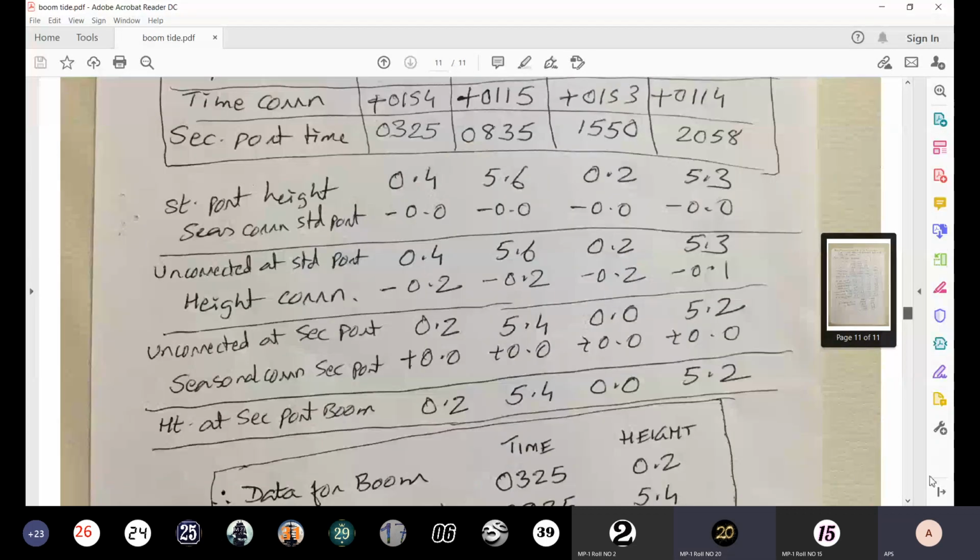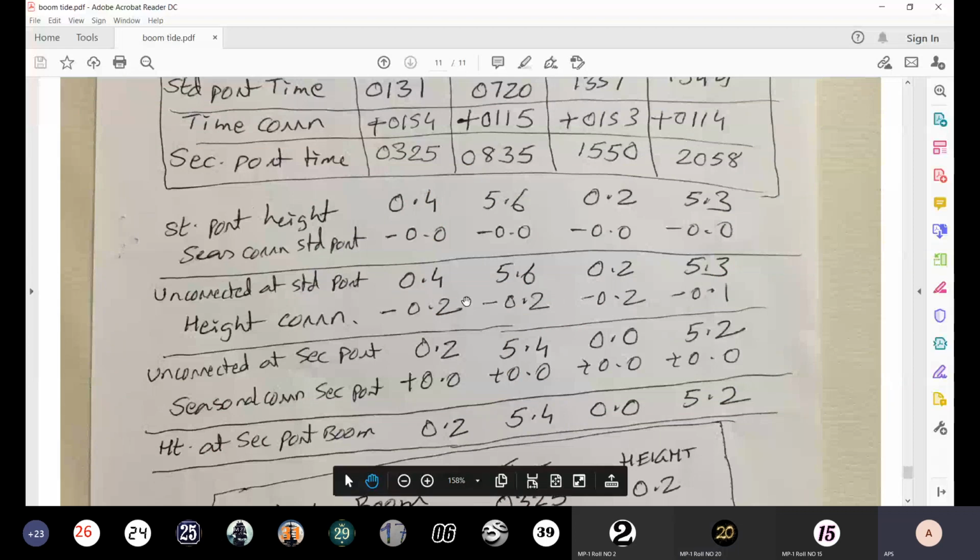Minus 5.6 is coming minus 0.6. So are you getting close to this, minus 0.2, minus 0.2, minus 1 approximately? Yes, sir, we are getting. So now just apply these corrections and get this height at secondary port.